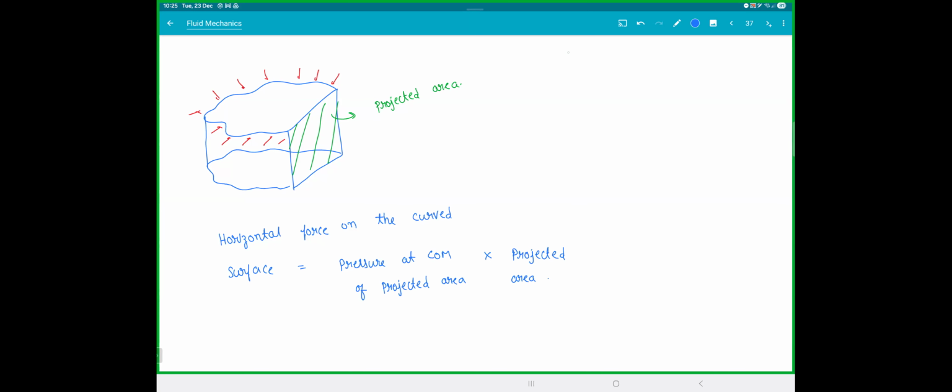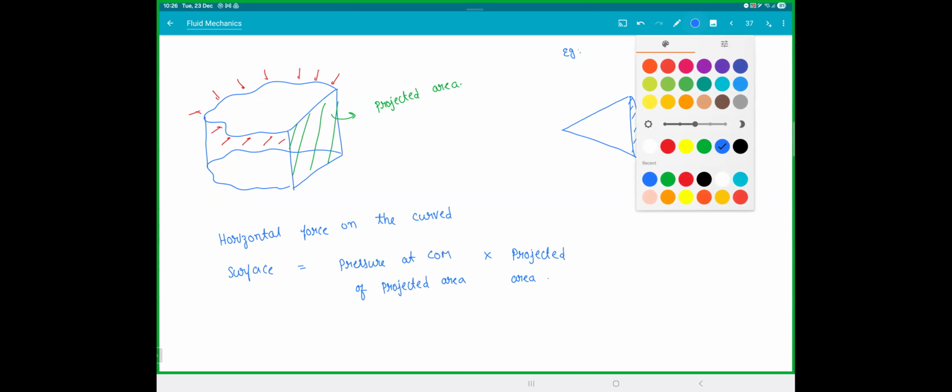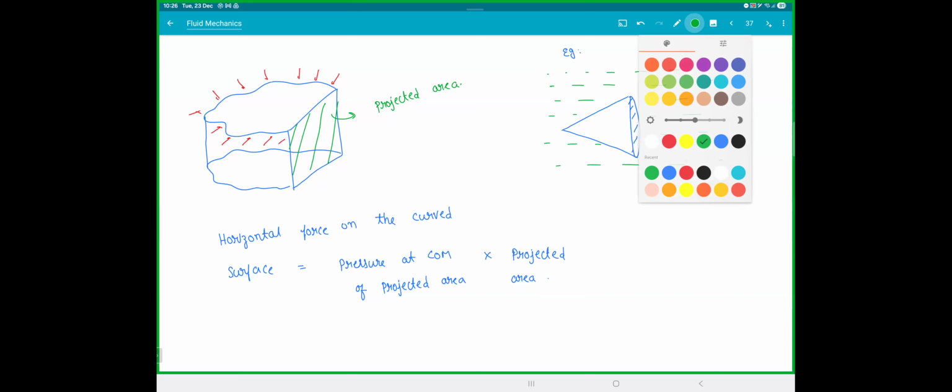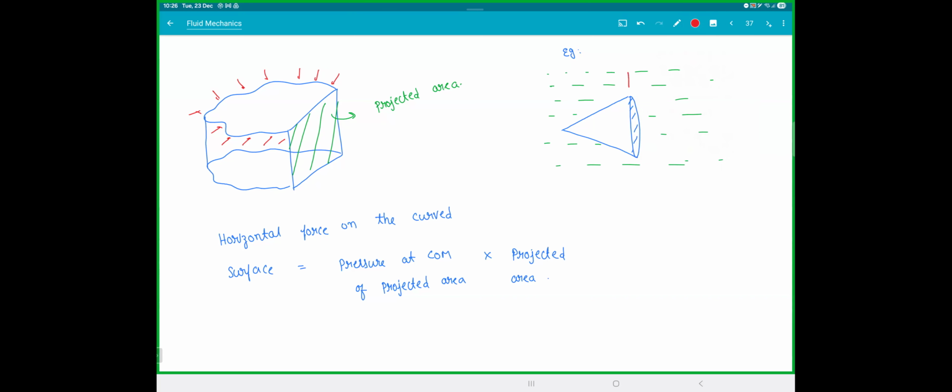Let me show an example that will make things more clear. Let's say you have a cylinder. And let's say this whole thing is immersed in a liquid. Now, let's say this depth is h and this radius is r.